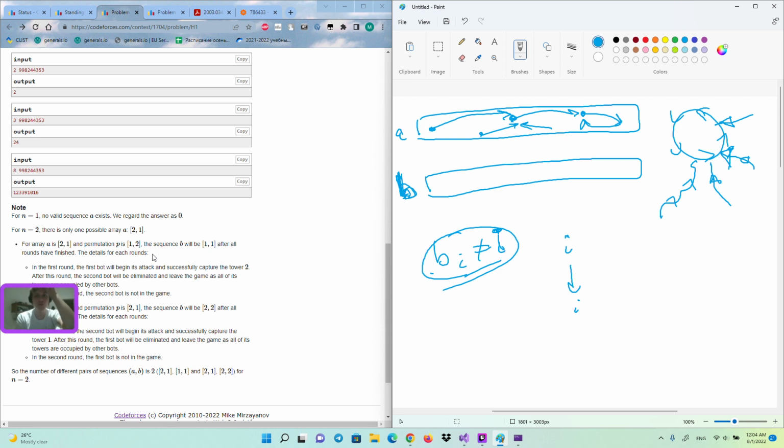So each pod will occupy at most two towers. Yes? Each pod will occupy at most two towers. The tower of this pod and maybe the other tower. So how does it look in this case? If we look at this graph, then every pod can occupy only this tower and maybe this tower.